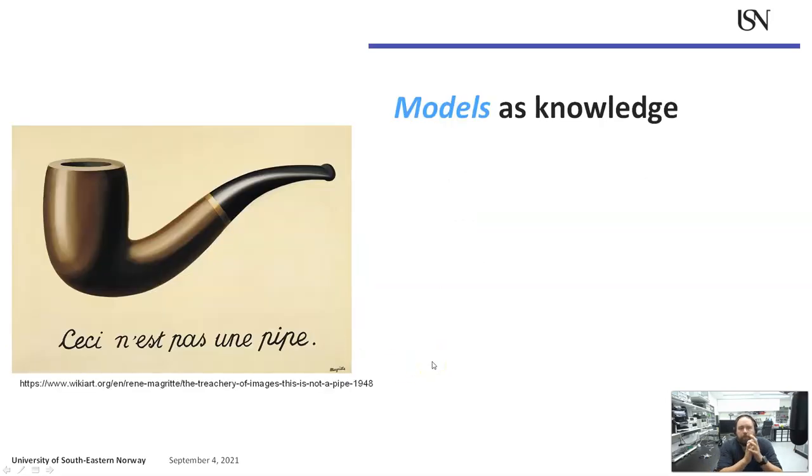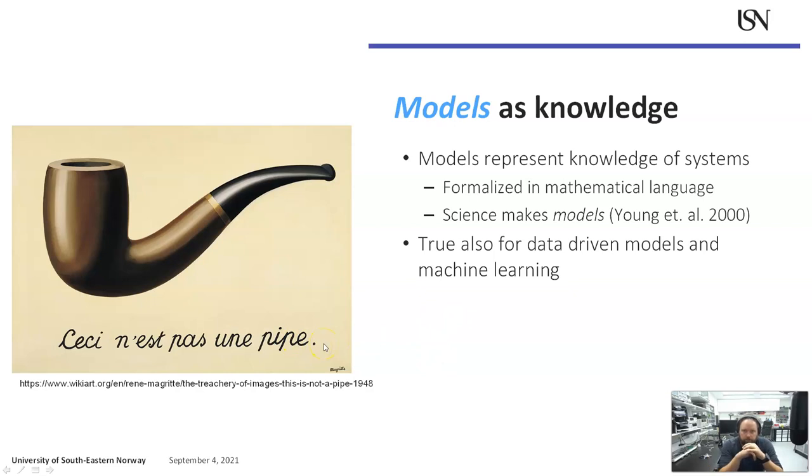So a little bit more about this concept of models as knowledge. A model is, as I said, a representation of knowledge of some underlying system. It can be or is formalized in a mathematical language. A quote which supports this statement that models are a representation of knowledge is taken from this famous physics book, Young.